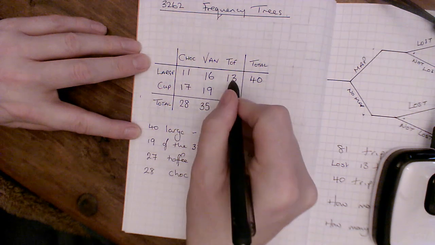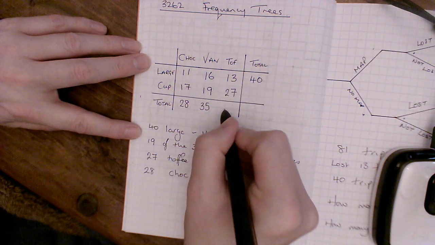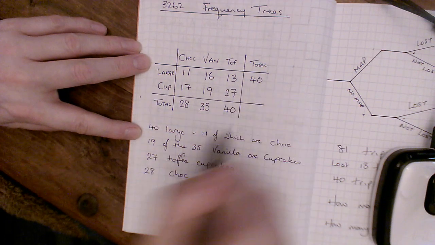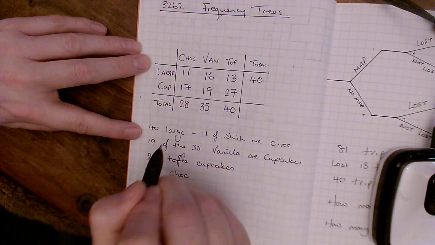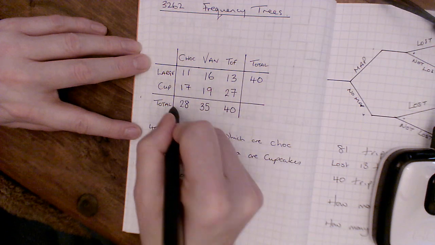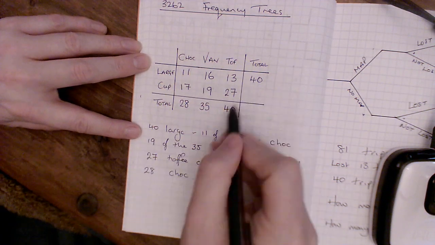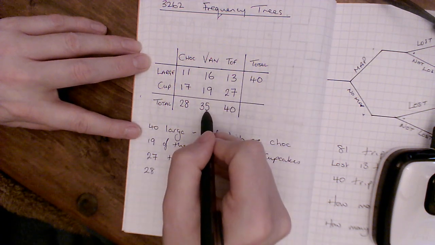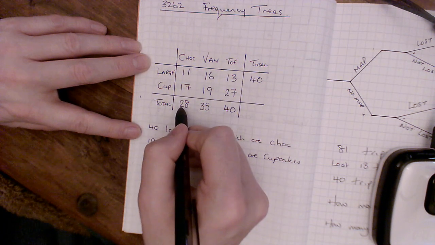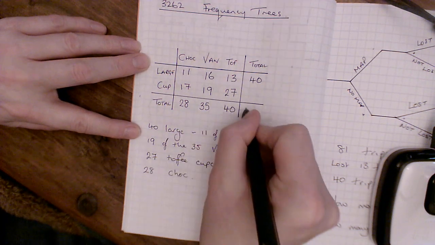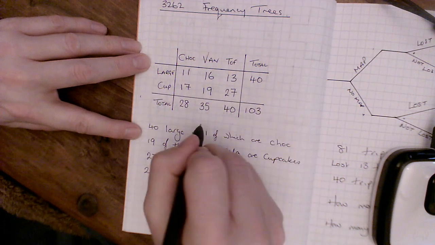Coming downwards, there's 27 and 13 is 40 altogether at the bottom. That one will go now, so let's go along. I'm going to go along this one because this looks easier. So there's 40, 75, 85, 95, 103 altogether in that row.